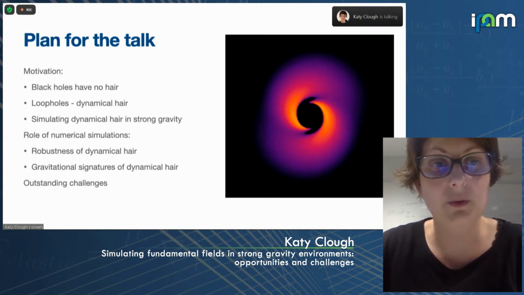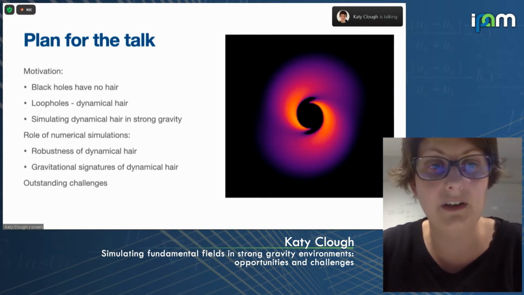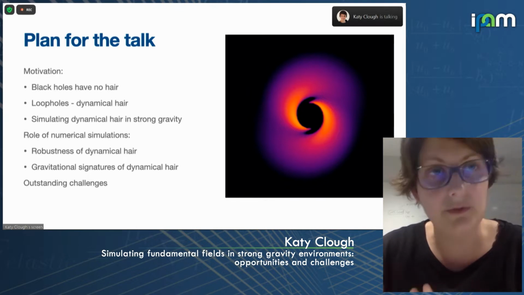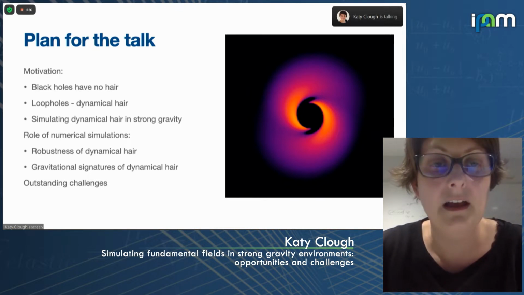Firstly, we can ask questions about the robustness of dynamical hair. This is an important question before we go on to the second one, which is what the gravitational signatures are. Do we really expect this dynamical hair to stick around long enough to be of interest in astrophysical cases? Or is it very sensitive to the environment or to self-interactions or things like this?